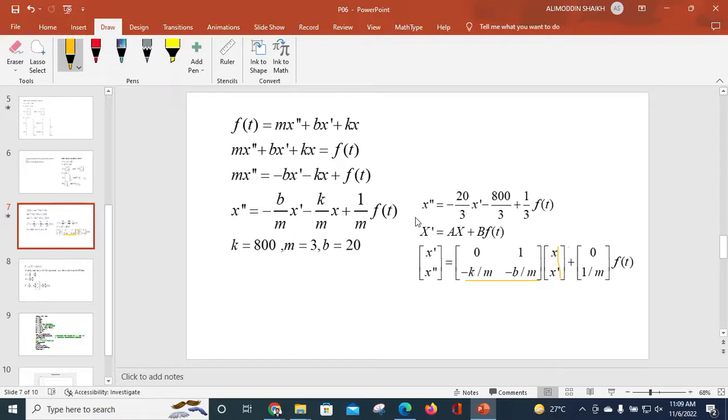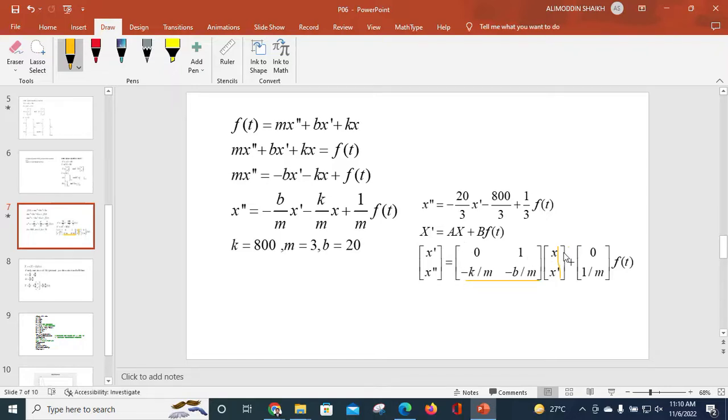We have to bring this complete statement here in the form of a matrix. If you get some logic, then you can easily make this kind of matrix. Now x dash, x double dash, this we know.